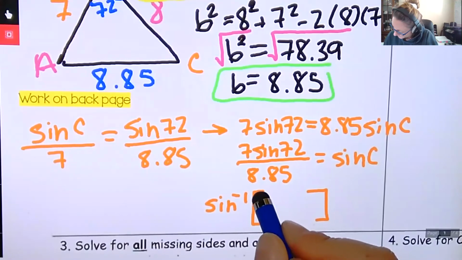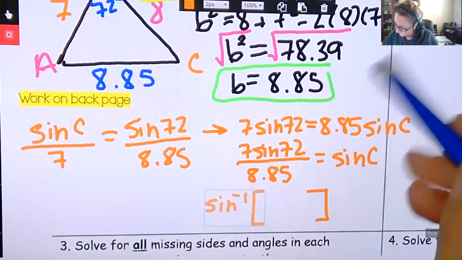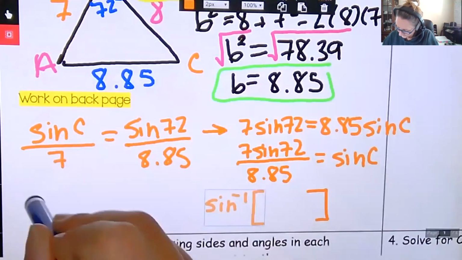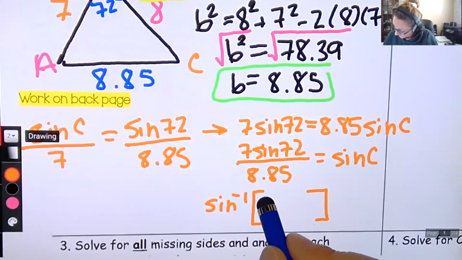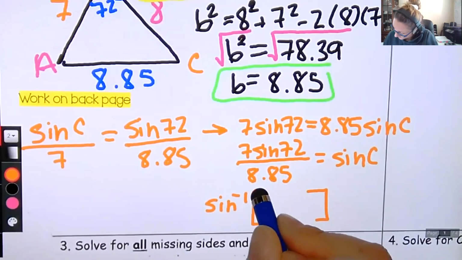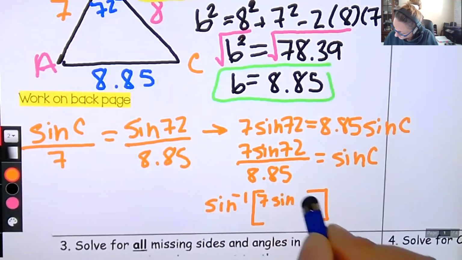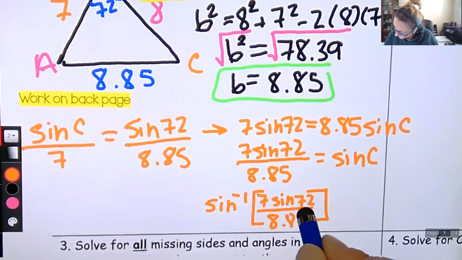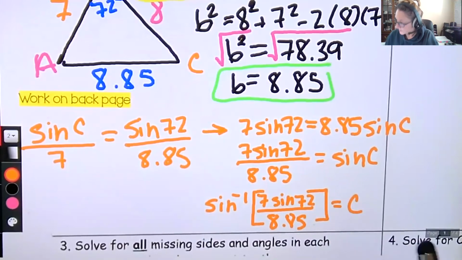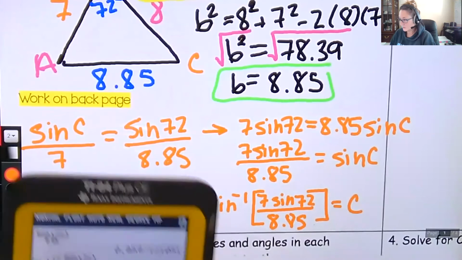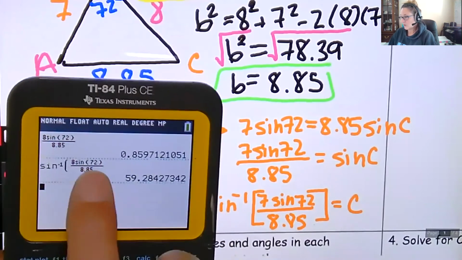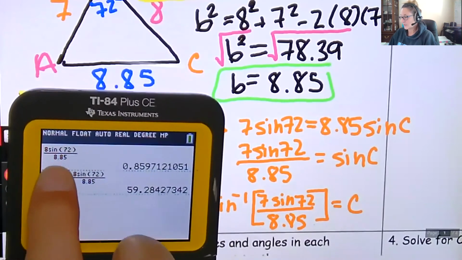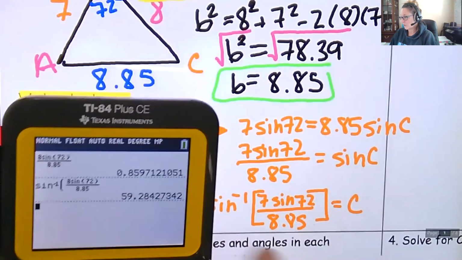So I'm going to have 7 sine of 72 over 8.85 is equal to C, and I'm going to put that in my calculator. Now, the nice thing is, earlier I had done almost the same thing.